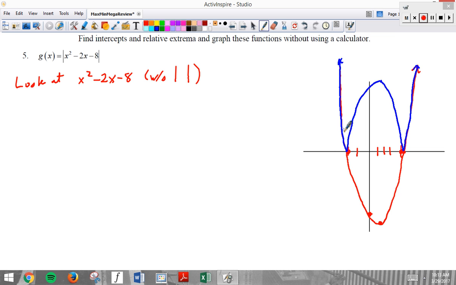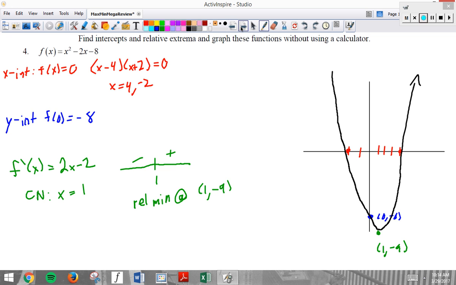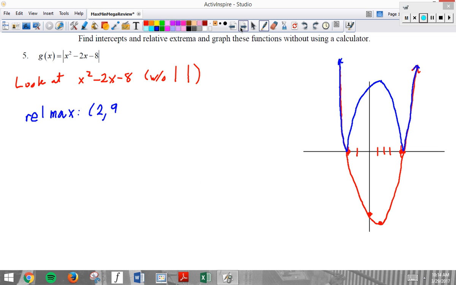So a relative max would be at the point 2 comma 9, 3 comma 9. Oh man, 1 comma 9. Shoot. The y-intercept is at 0 comma positive 8.